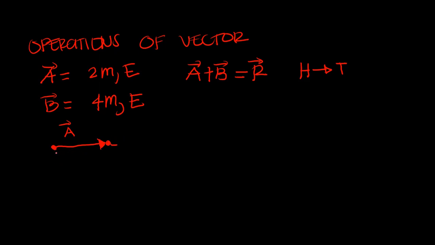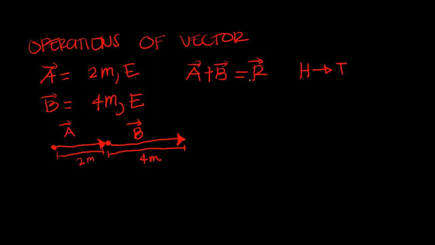If this is 2 meters, your scaling should be realistic: 4 is 2 times the length of A. This is 4 meters, so this is your vector B.